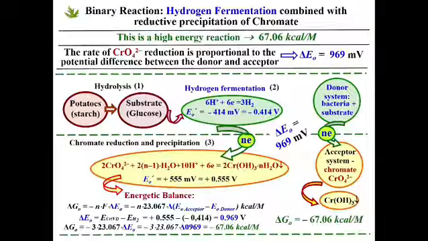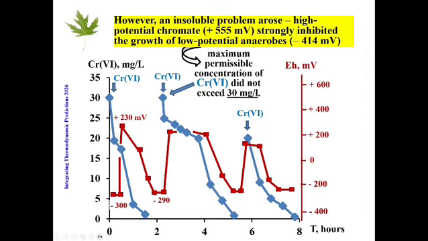It is the basis for effective reductive precipitation and detoxification of chromate. However, an unsolved problem arose. High potential chromate, with a potential of more than 500 millivolts, strongly inhibited the growth of low potential anaerobes that need minus 415 millivolts.